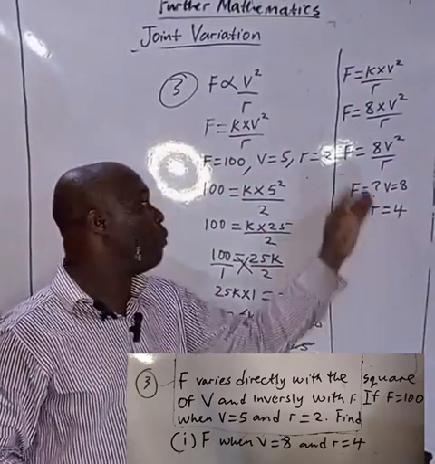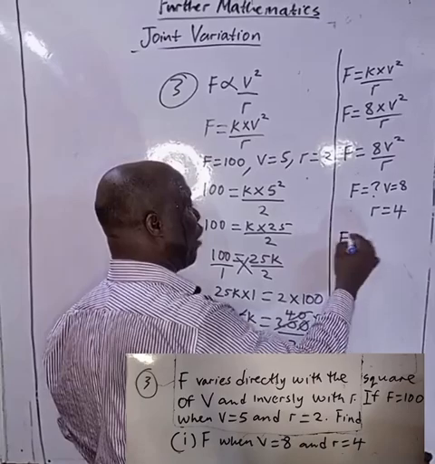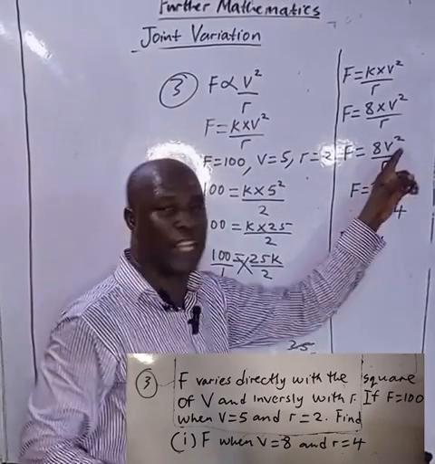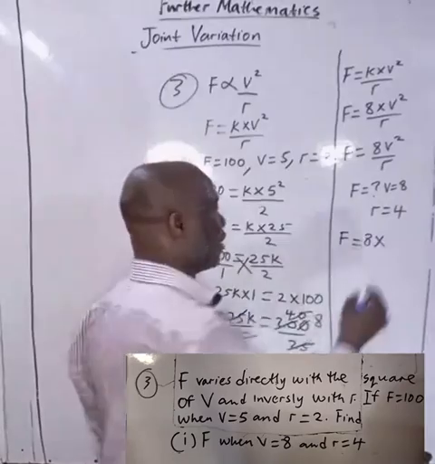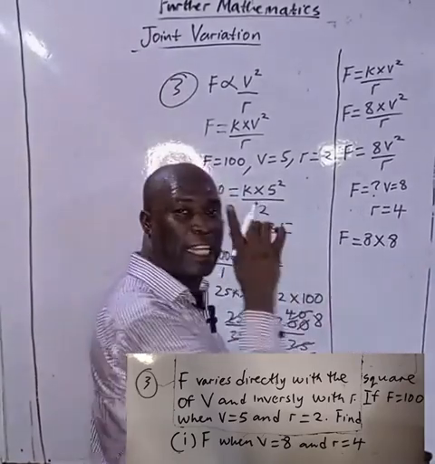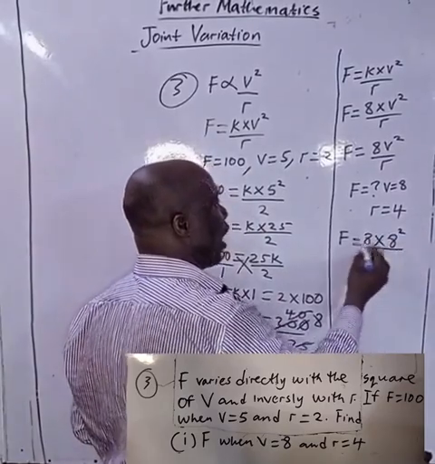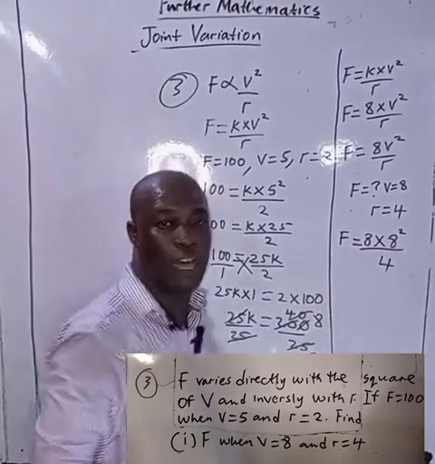The values given, we put them here. For F, don't forget we're looking for F, 8 is already there, multiplied by V squared. The value of our V is 8, but don't forget there's a square here. You put the square over the value of R, which is 4.